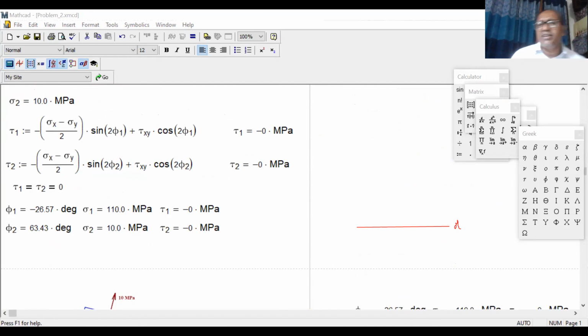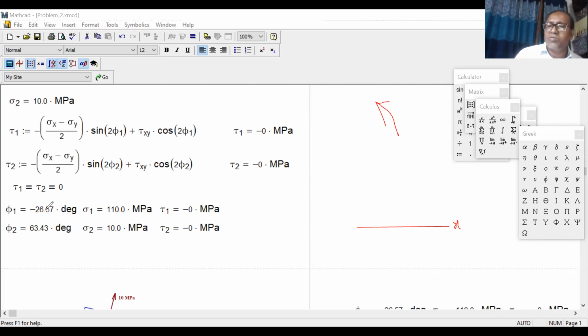Now I'll draw my angle. And what is phi 1? You start with the smallest one. Okay, it's better to always try the smallest one, or maximum sigma 1. So you see phi 1 is minus 26.57. So which direction do we have to move? Clockwise or anti-clockwise? Anti-clockwise was positive, but this is negative.